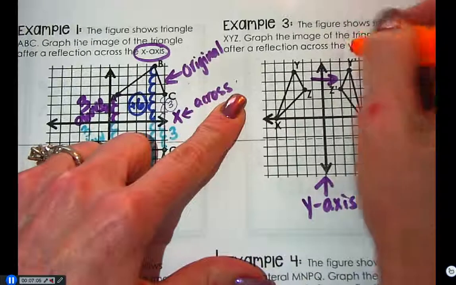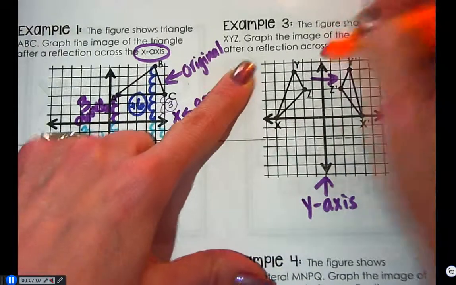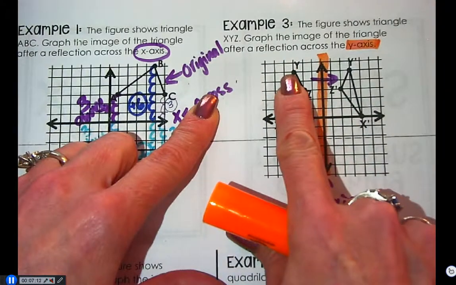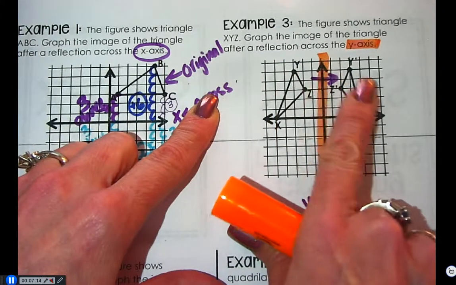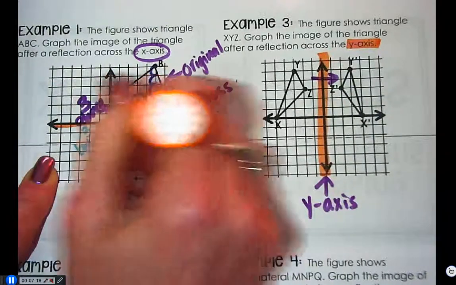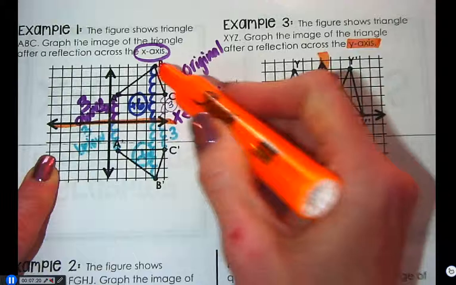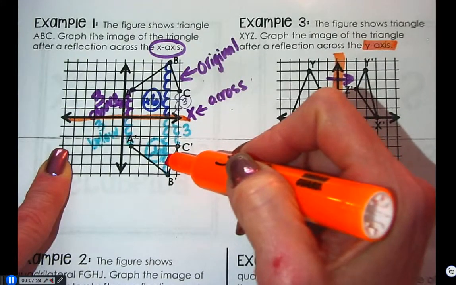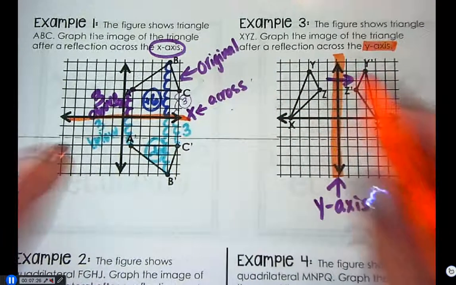So if this is the y-axis, I'm going to highlight my y so that I know that the shape is going to reflect across the y. Whereas this one over here, I'm going to highlight the x because it's reflecting across the x-axis. See the difference? But you do it the same way.